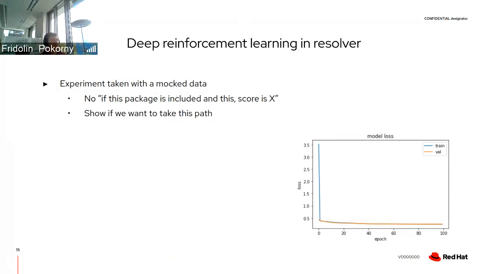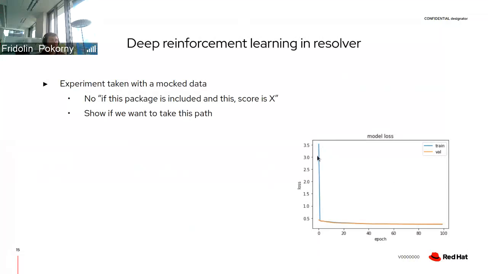The experiment was done using mocked data, and this mocked data did not cover dependencies between packages. So the mocked data did not include, if I use package X together with package Y, what will be the expected cumulative reward, but rather it was really mock data, so a linear combination of input features would be, let's say, sufficient.